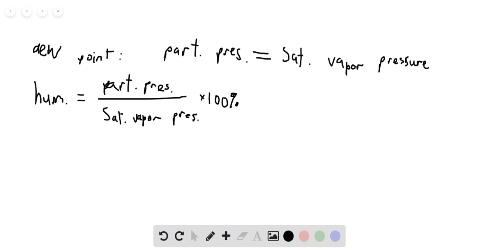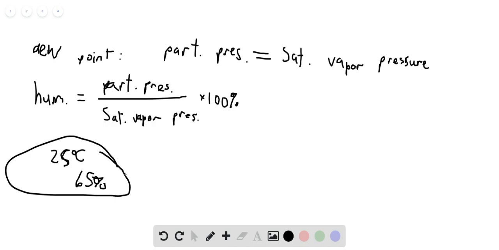But it gets a little confusing now, because in the question we're asked what is the dew point if the humidity is 65%? So that doesn't really make sense. However, how we need to understand this question is, imagine a day where the temperature is 25 degrees Celsius and the humidity is 65%.